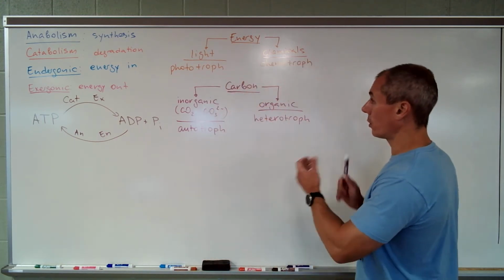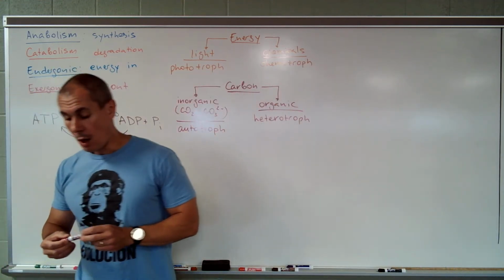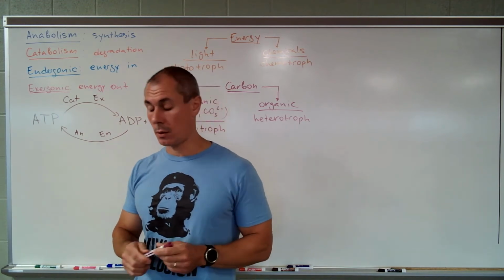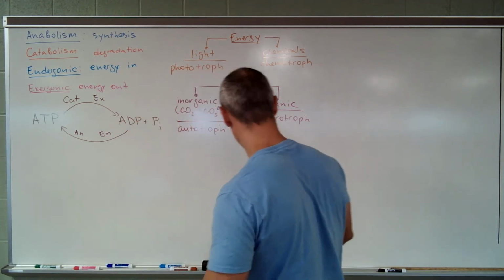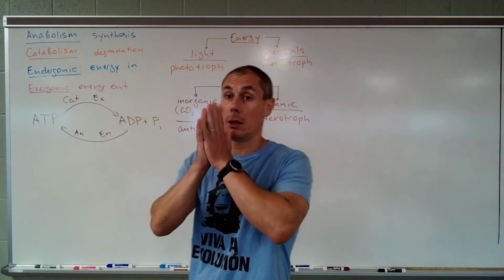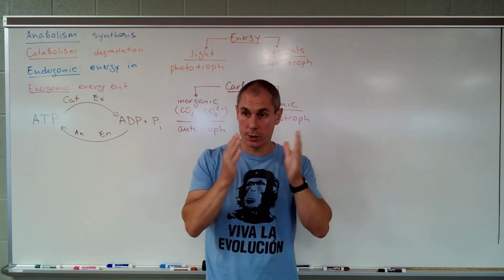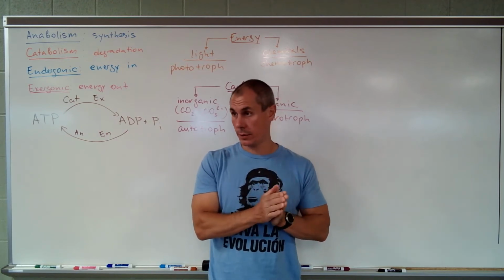Now we're going to go back to the story of how organisms generate energy, and to do so I have to say this. The whole story of energy transfer in the cell is about transfer of electrons.